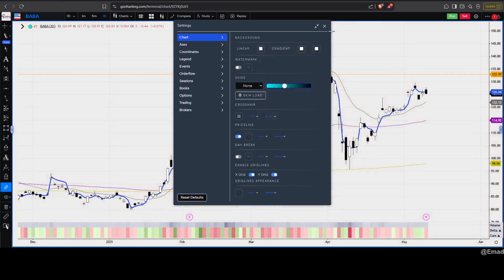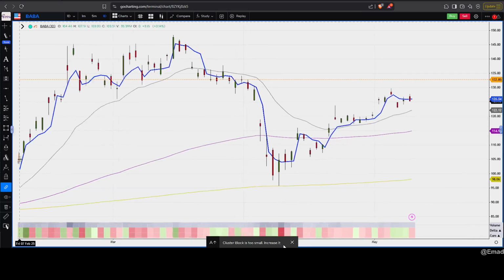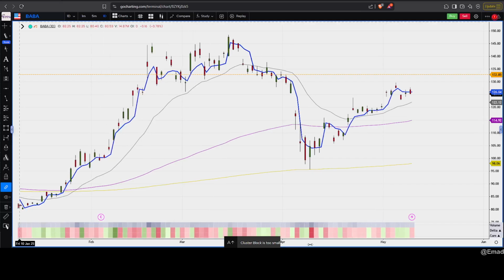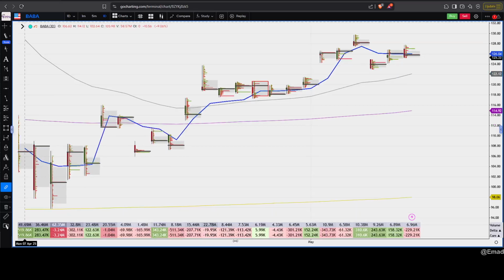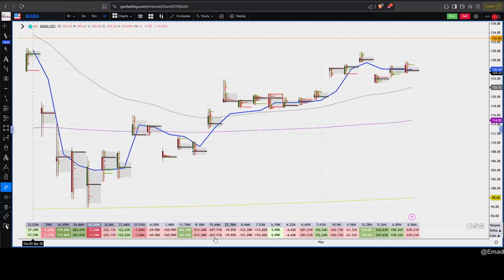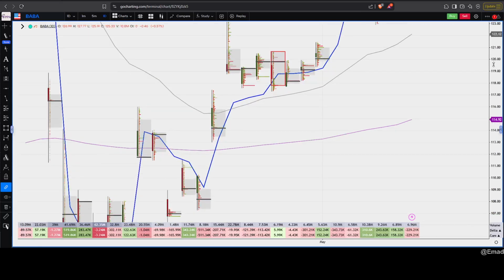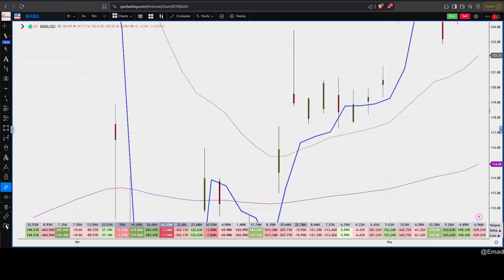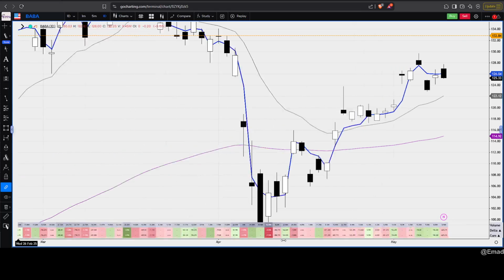Slightly dark. Alt F. It does show cluster, right? Yeah, it shows cluster. Okay.